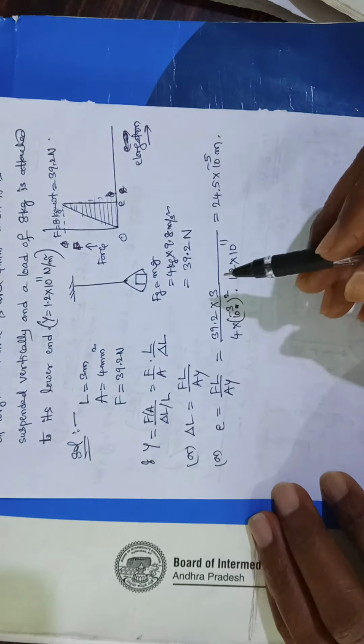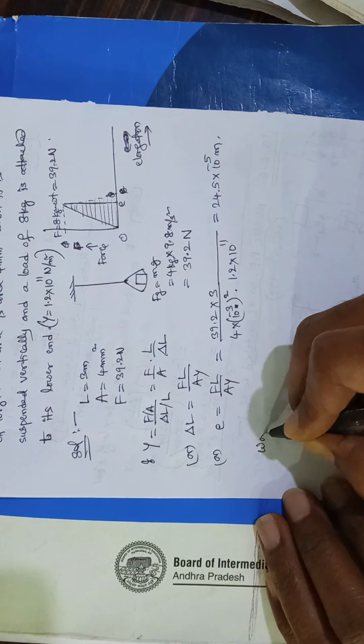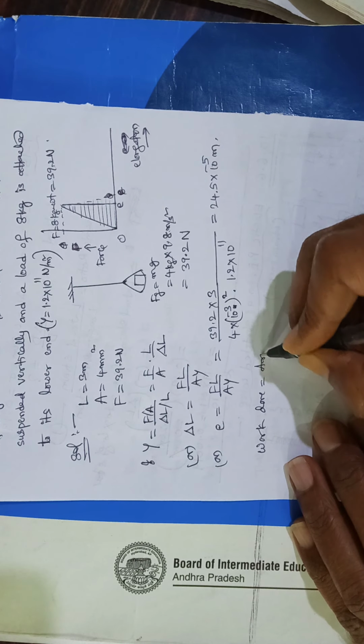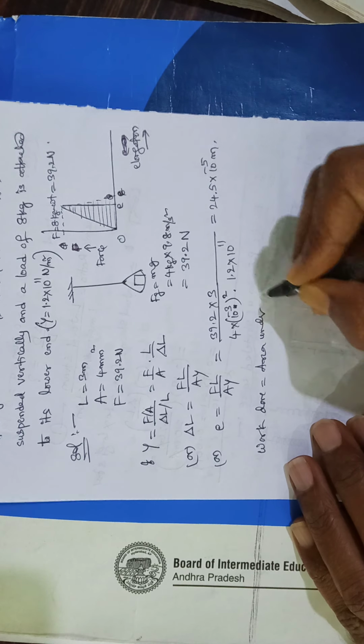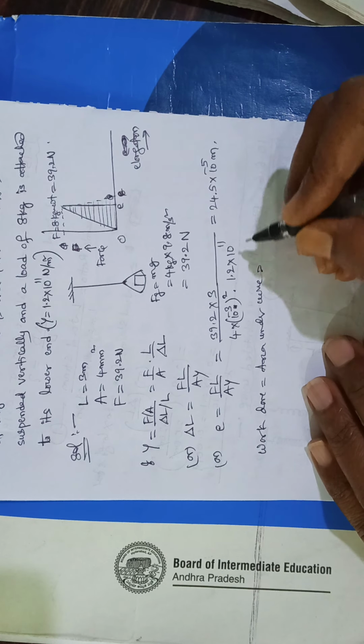Now the work done is asked. Work done is nothing but area under the curve, that is nothing but a triangle.